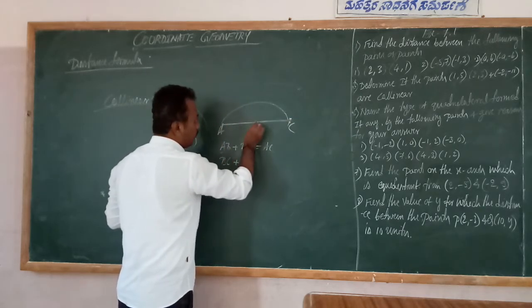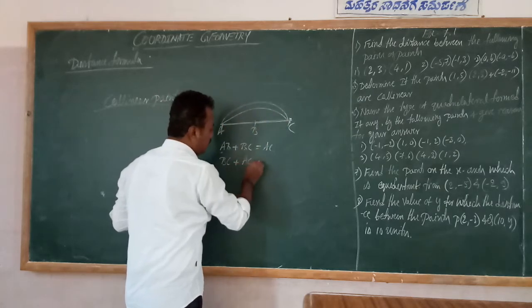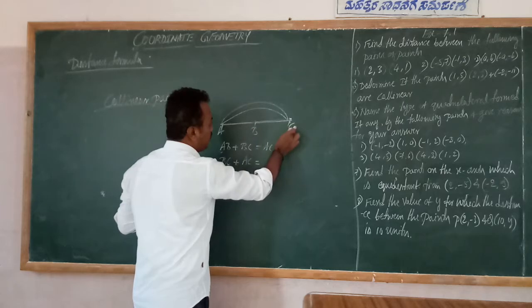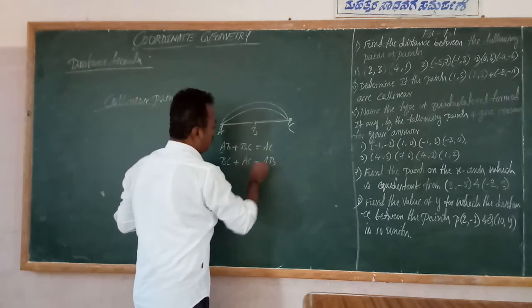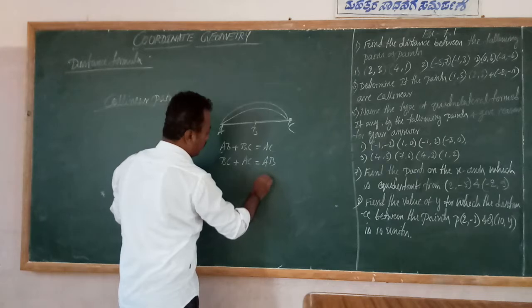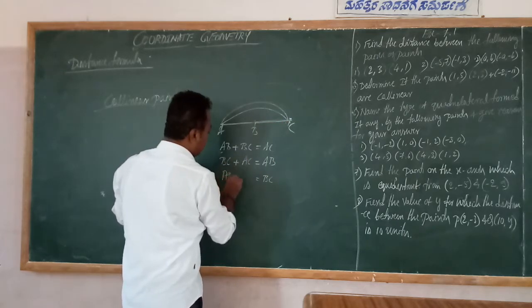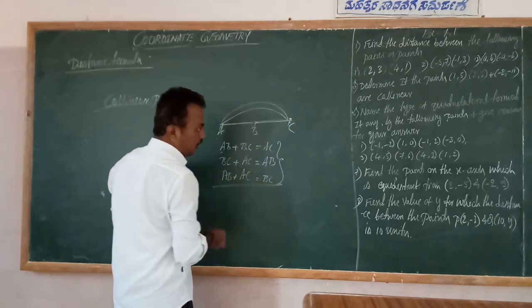AB plus BC is equal to AC, or BC plus AC is equal to AB, or if you want BC, then AB plus AC gives BC.